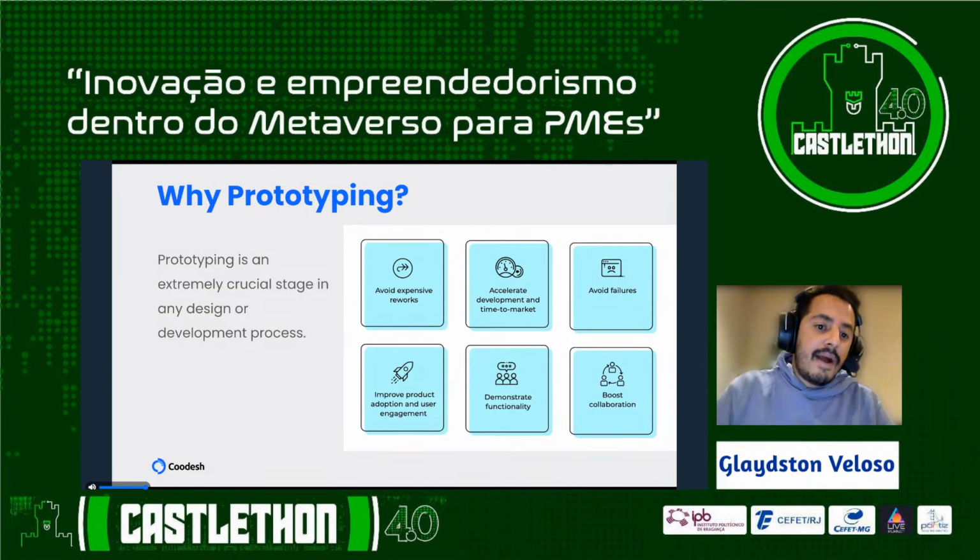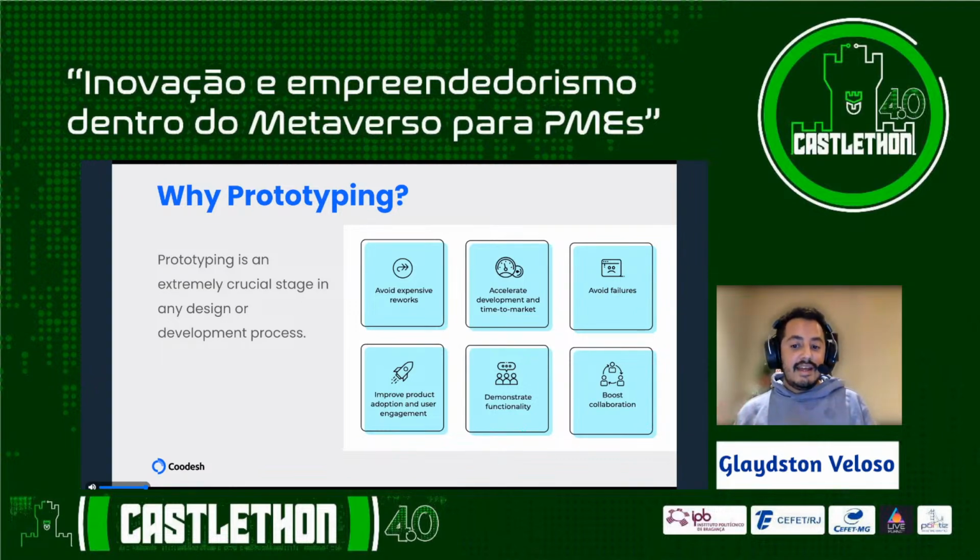The other part that we have here is improving product adoption. When we prototype, it's easier to understand how the user is engaging with our product when you have the high fidelity prototype, because when you send this prototype to your user, you can see how they click on the screens using the software that you use to prototype. So in this part, we can interact with the user before releasing the product.